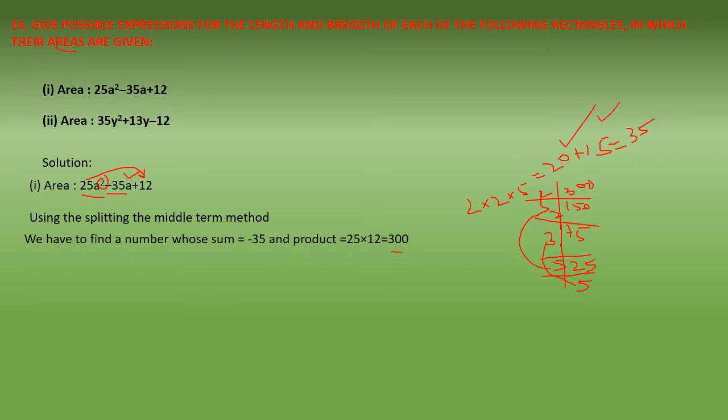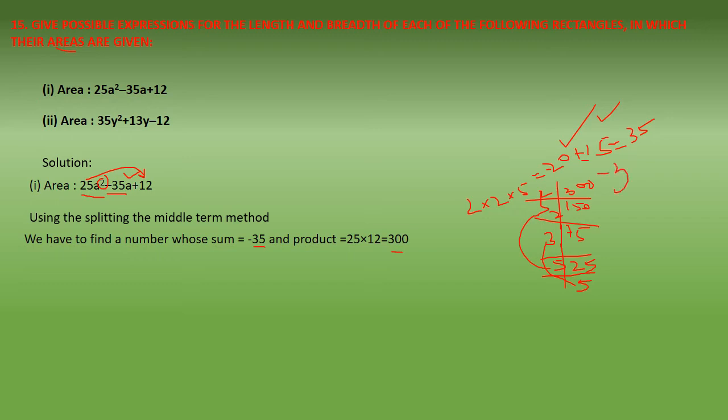So the second condition is also fulfilled, but there is one difference. We have minus 35. So if we put a minus here and also a minus here, we get minus 20 and minus 15, which gives minus 35.